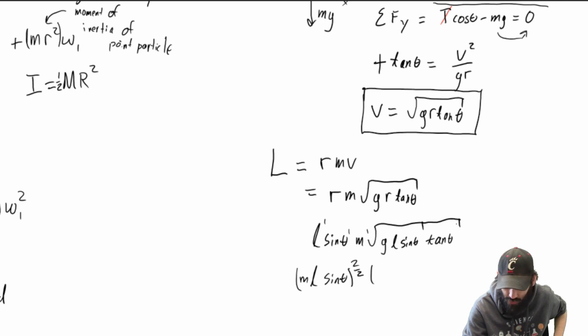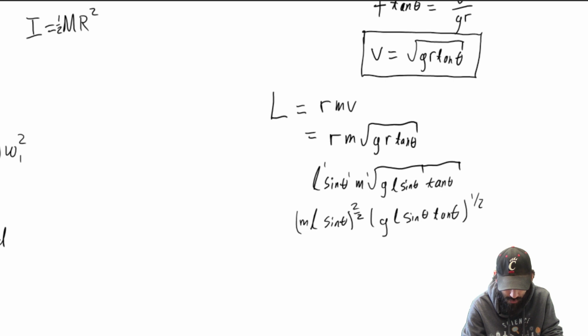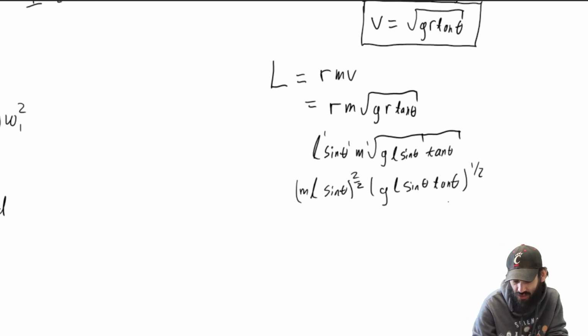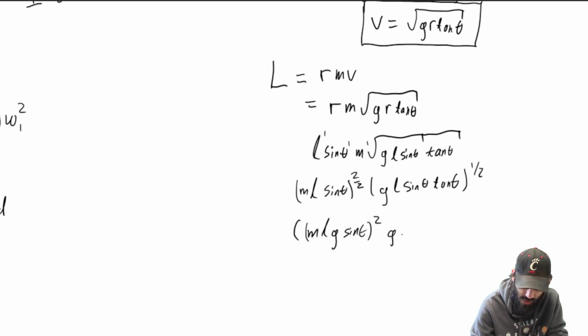And then the square root really is raising to the half power, g L sine theta tan theta. So it's a 1/2 power. We can bring this on the inside here if we move this. It's kind of like factoring the denominator out in some sense. So I'm going to do this as m L g sine theta quantity squared times g L sine theta tan theta to the 1/2.